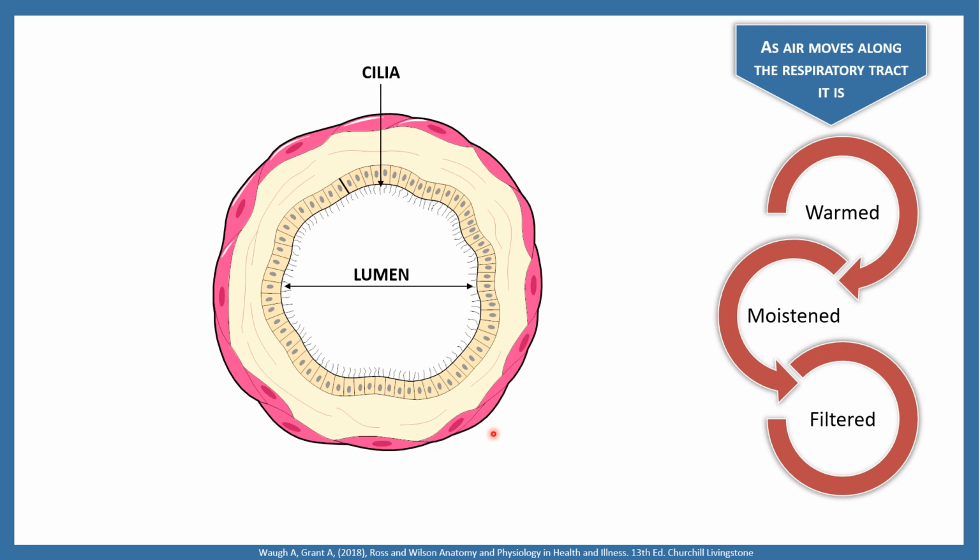Okay, so on the inside, all of our airways are lined with these tiny, tiny little hair-like structures. They're called cilia. The function of the cilia is to constantly be wafting upwards and towards the middle.